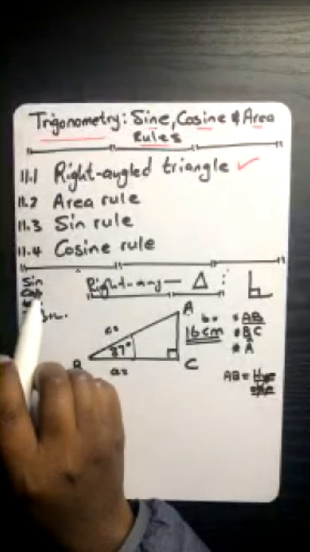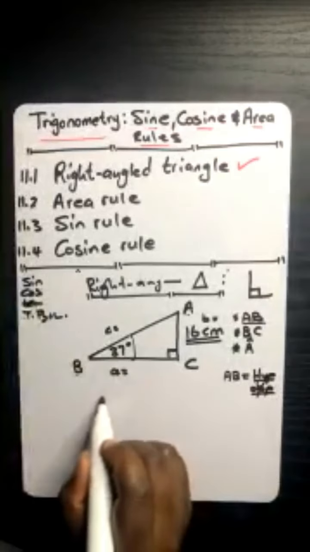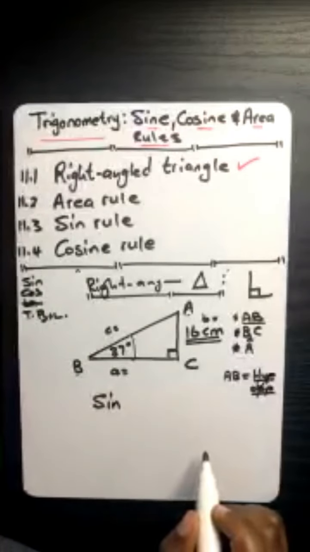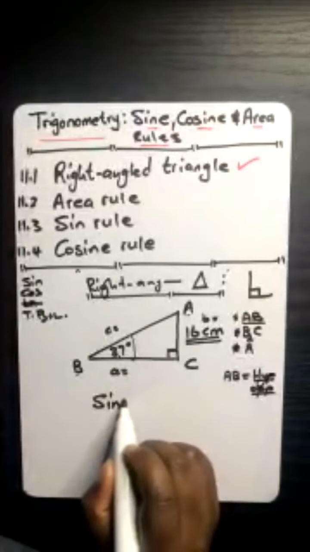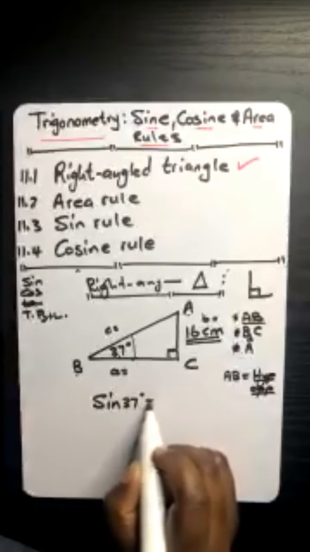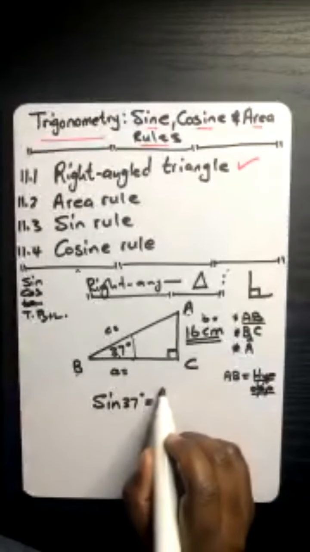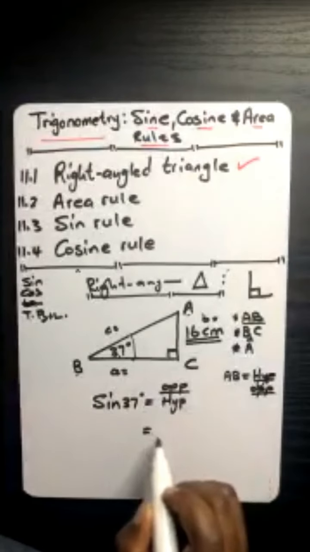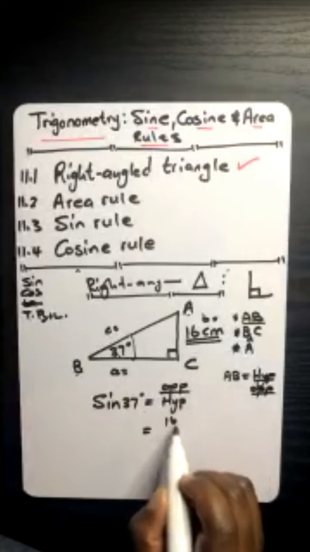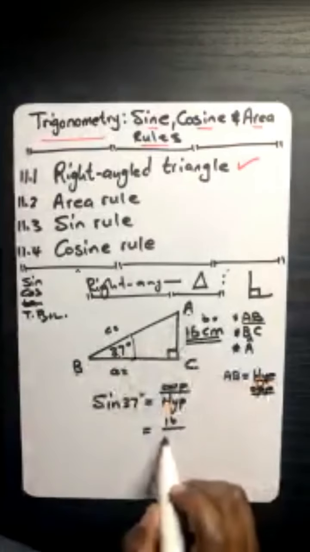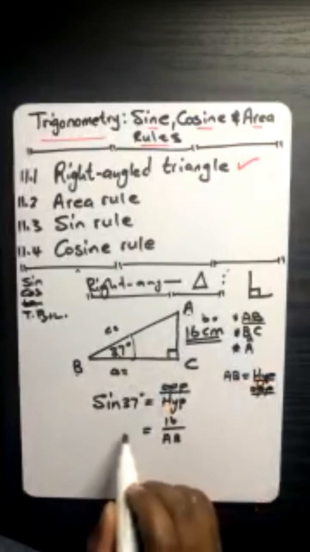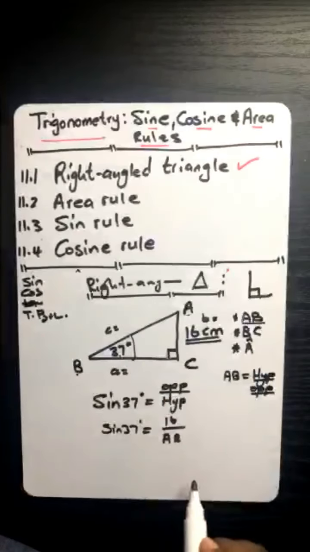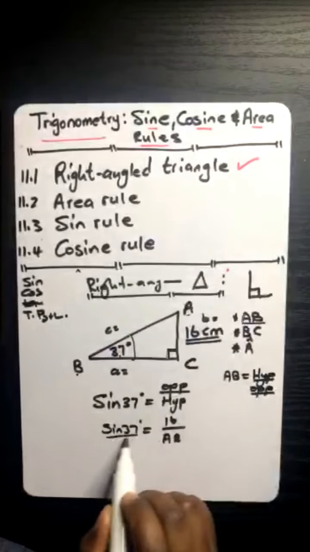Sine. Sine is opposite over, yes. So sine of what? Sine of that angle, which is sine of 37 degrees, equals opposite over hypotenuse. What is opposite? Opposite is 16 over hypotenuse is AB. So obviously you cross multiply.